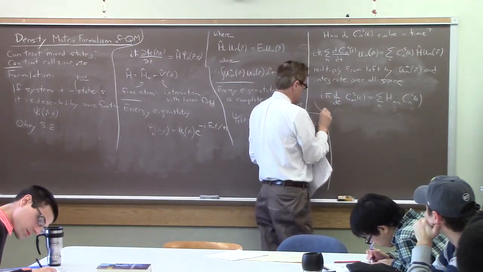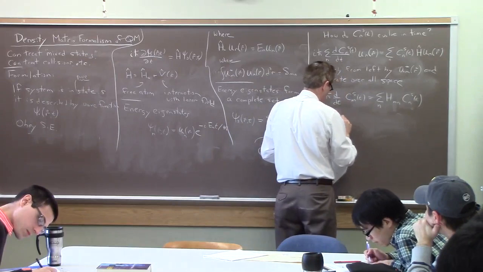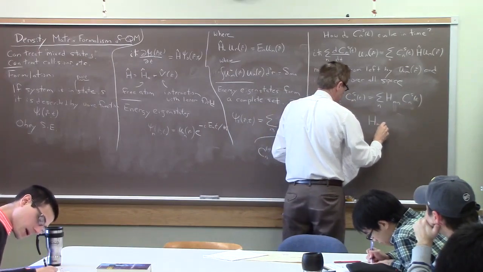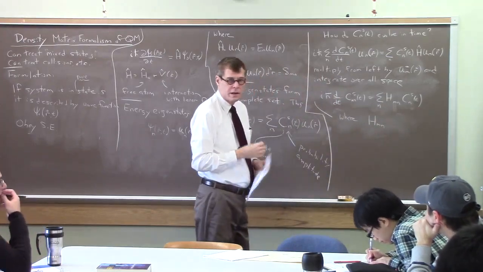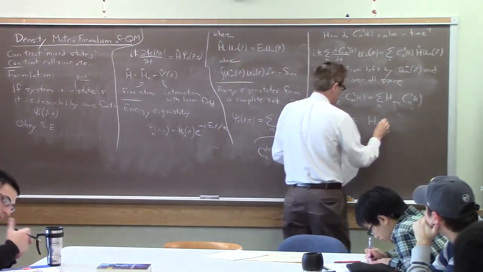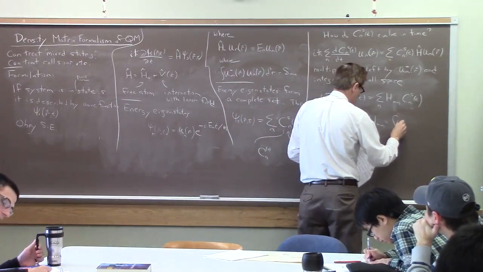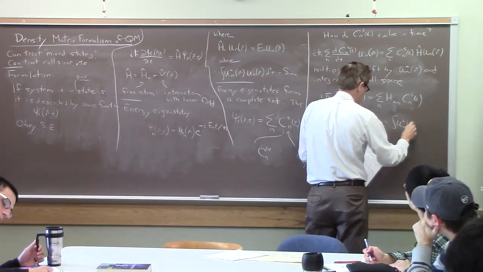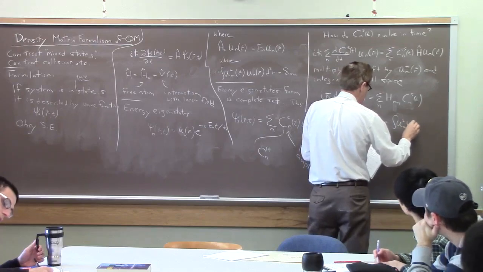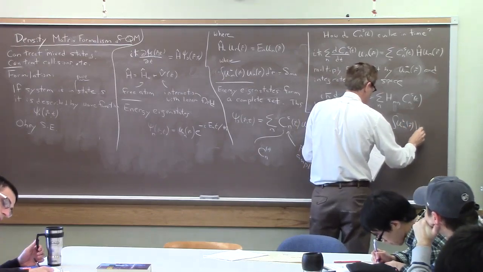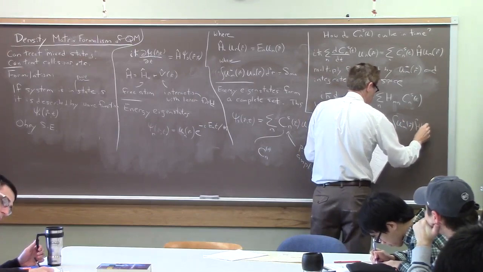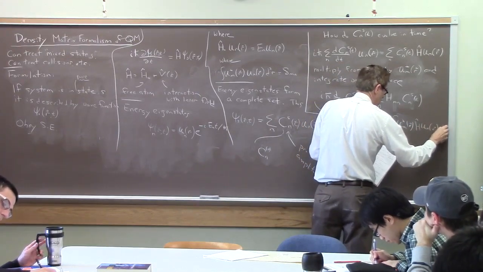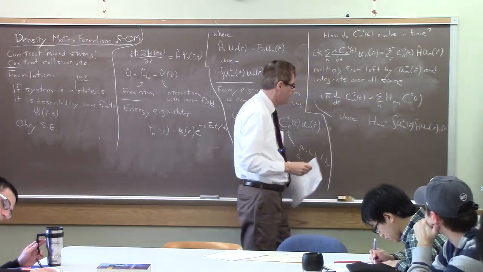And I guess I should define this. So we've defined some new quantities, H_mn, and this is the integral of u_m star of r, H, u_n of r, d^3r.